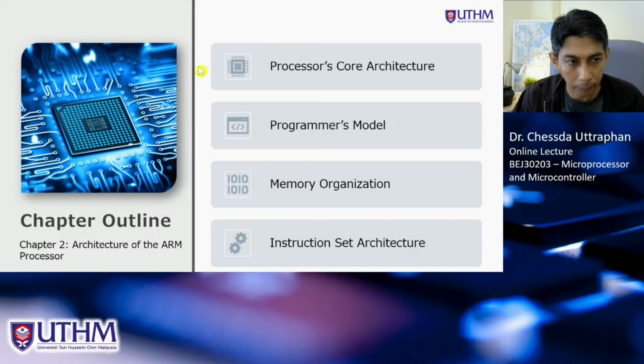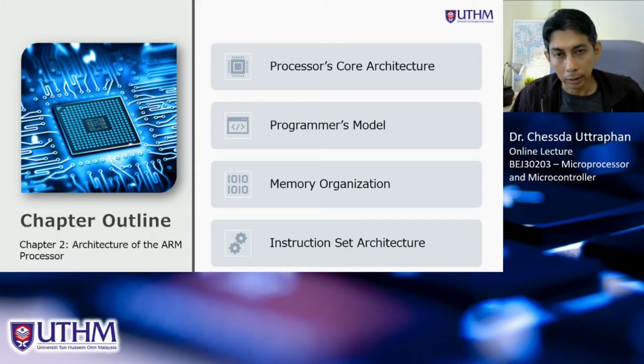So what we will learn in this chapter is this. We will look at the core architecture, the inside, the circuit, the block diagram, how the things are connected to each other. And next we will learn what we call a programmer's model.